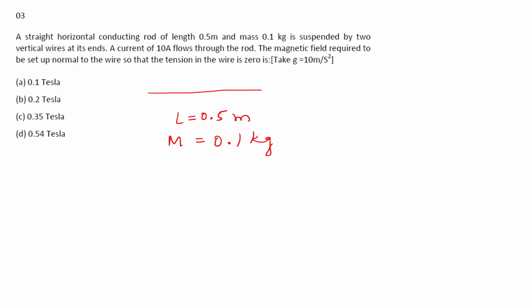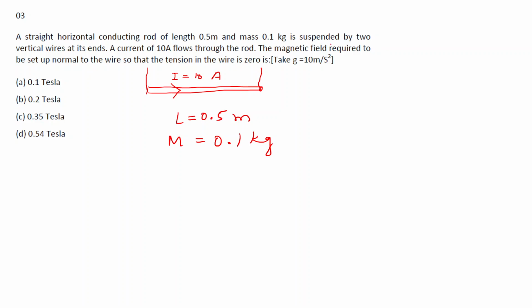It's suspended by 2 vertical wires. So this itself is a cylindrical rod, and it's suspended by 2 vertical wires. Okay. A current of 10 ampere flows through the rod.